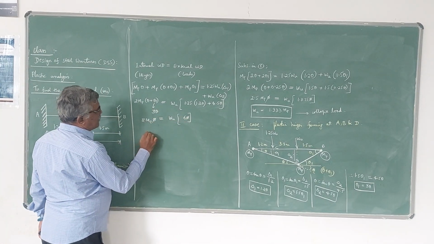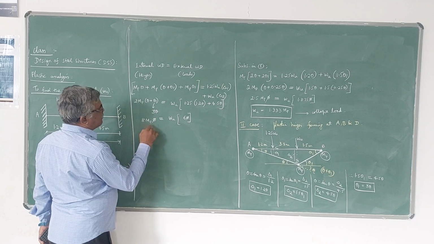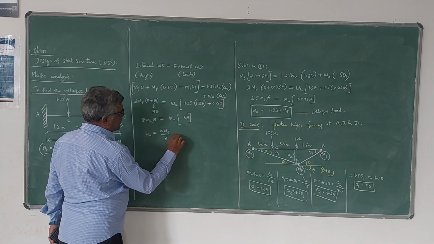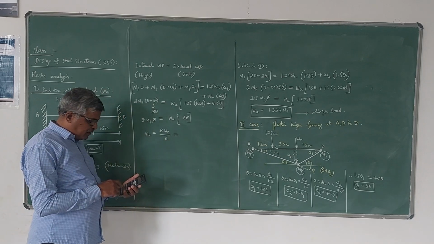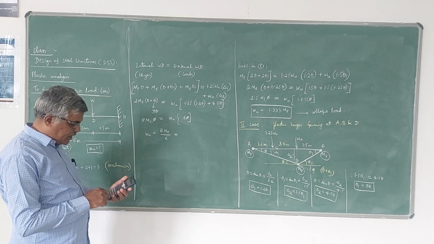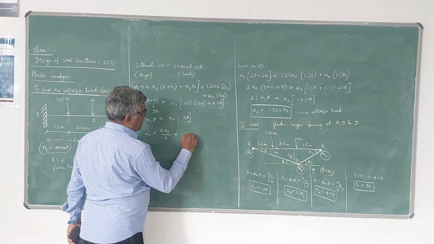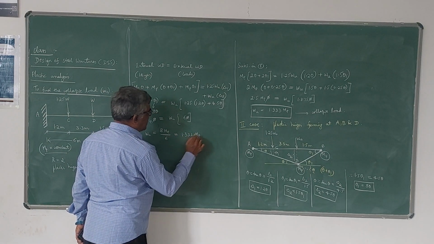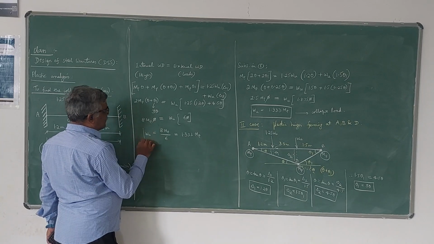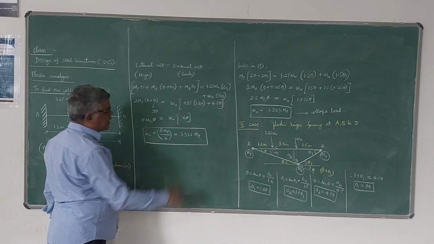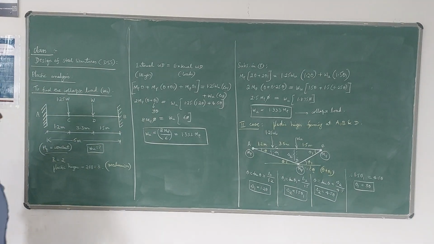So WU will be equal to 8MP divided by 6, which is 8 by 6, that is 4 divided by 3, which is equal to 1.333 MP. That means we got the same value for both the cases. Please notice that we got the same value for both the cases.